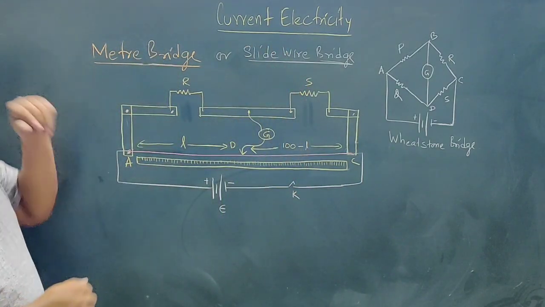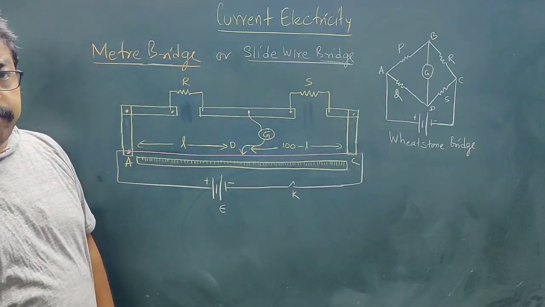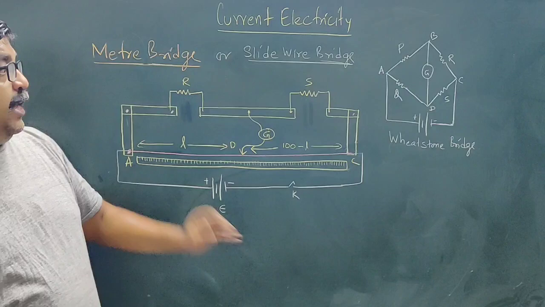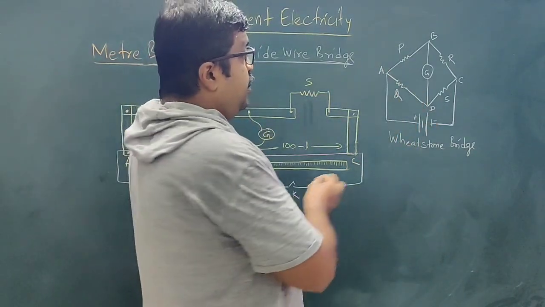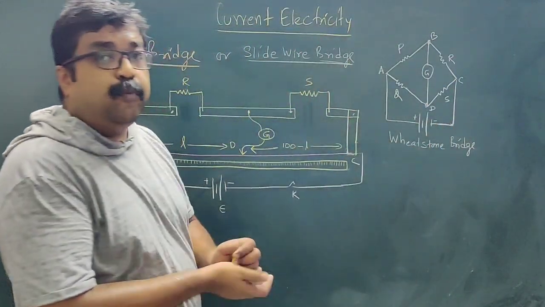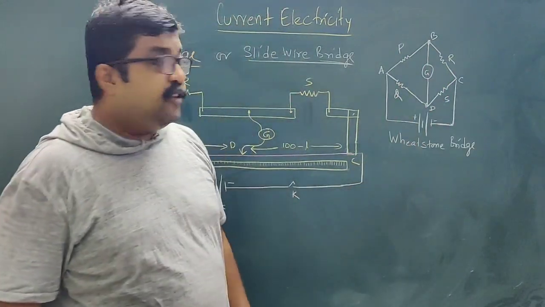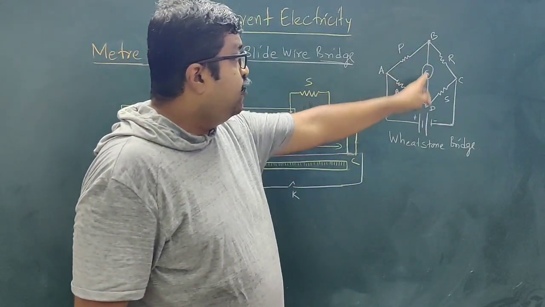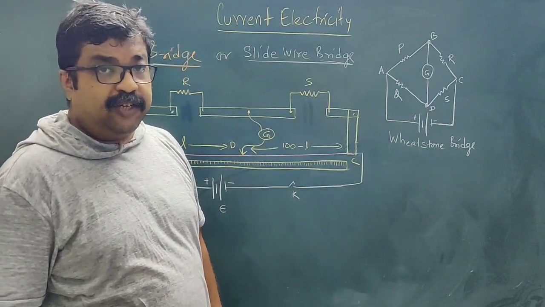Now we have learned about Wheatstone bridge. In a Wheatstone bridge, if these two terminals, B and D, are at the same potential, then no current will flow through the galvanometer and the galvanometer will show null deflection.